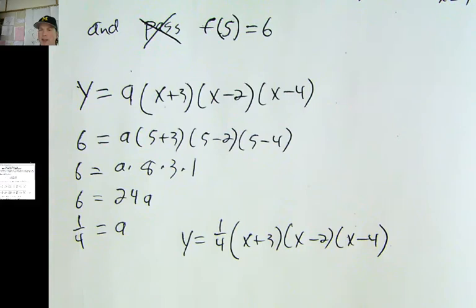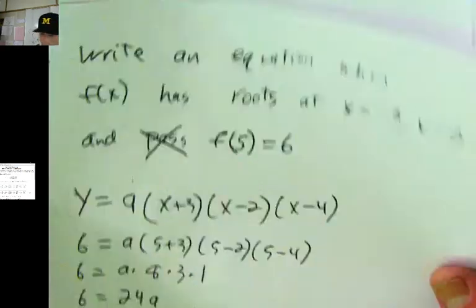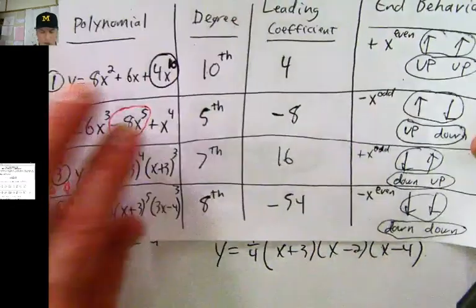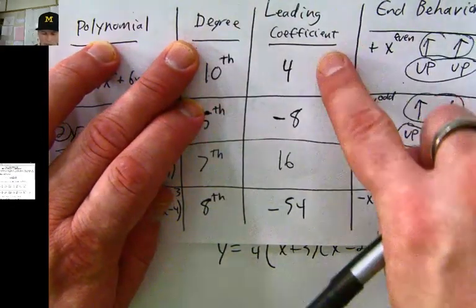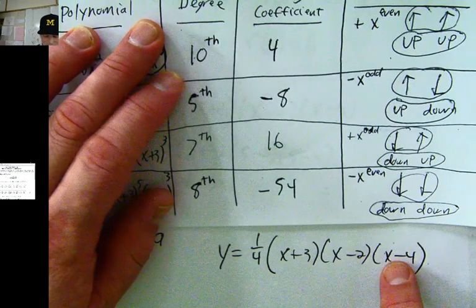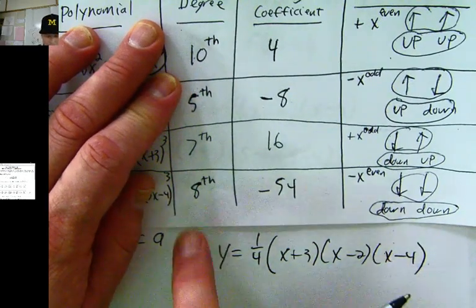Okay, that's all I have for you with this one. I guess the one thing I could continue on further is that if I then had to figure out, going back to part A, where did part A go? Oh, it's right here. If I then wanted to figure out the degree, the leading coefficient, and the end behavior, well, it's x times x times x, so it's third degree.